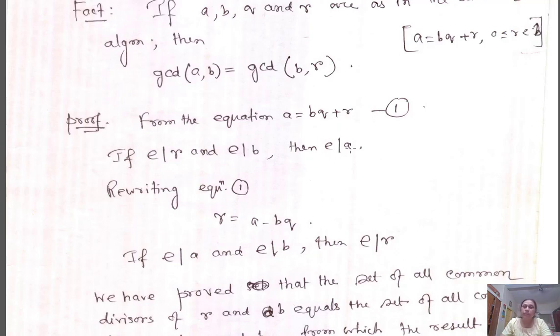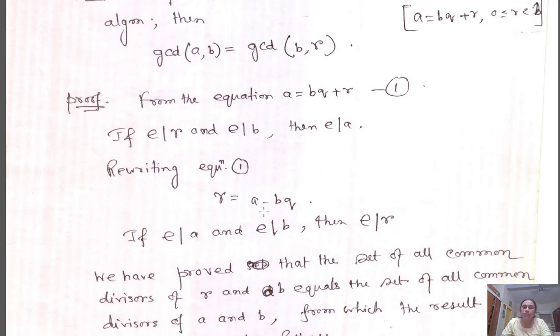Again, if you rewrite this equation in this way, R equals A minus BQ, this equation and the previous one are the same; we are just rewriting it.